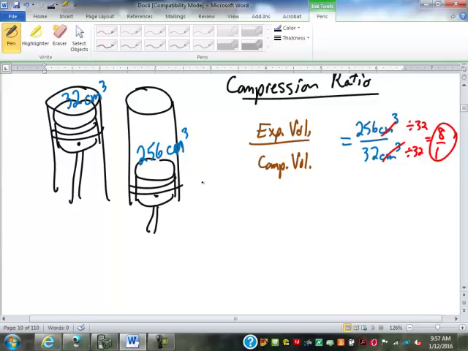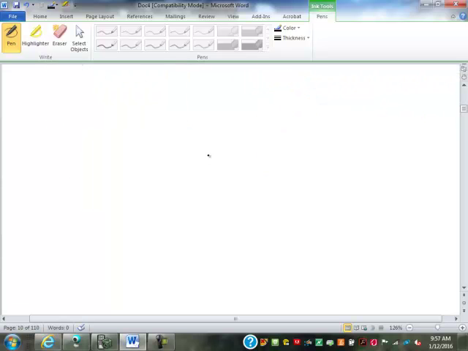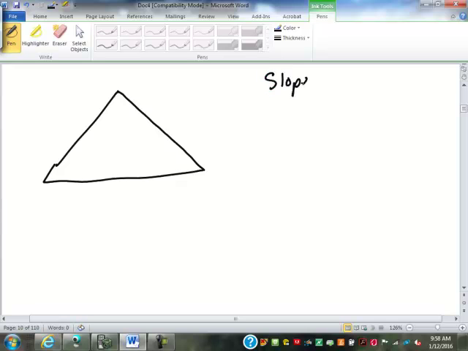Let's look at something more specific to construction. Yes, roof. Anybody here know the difference between a slope and a pitch?